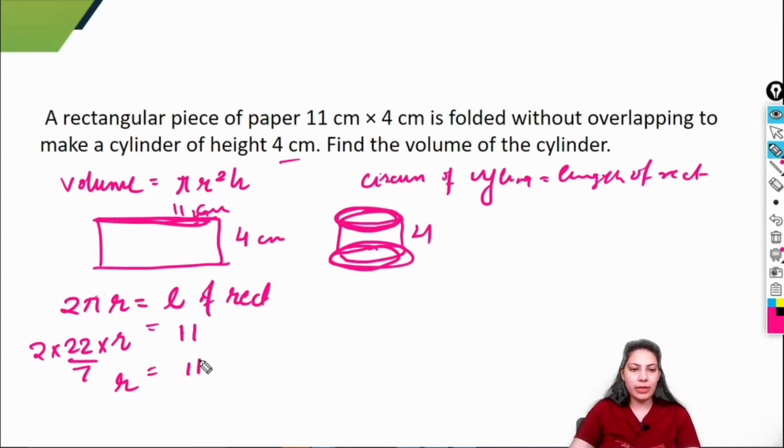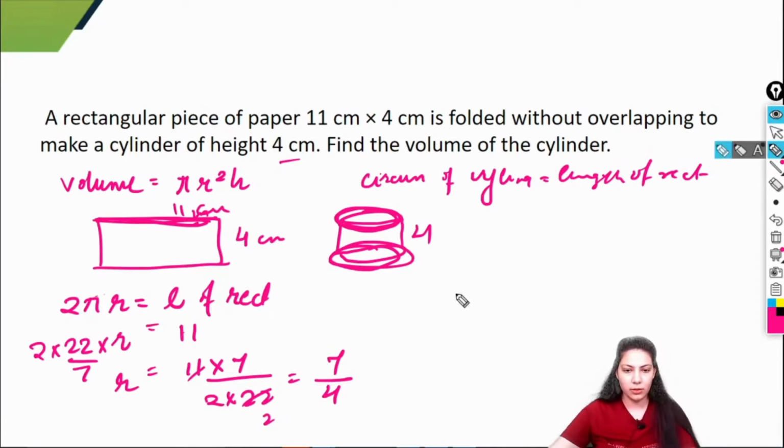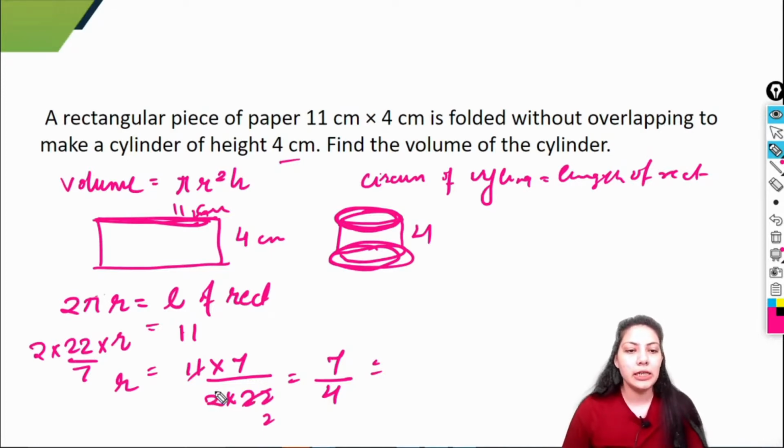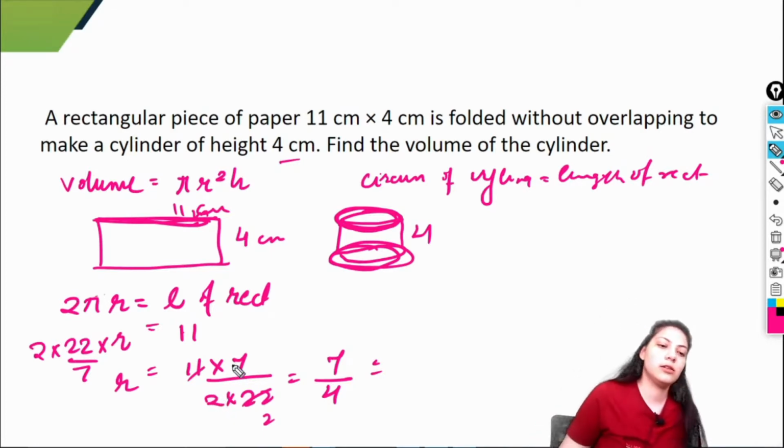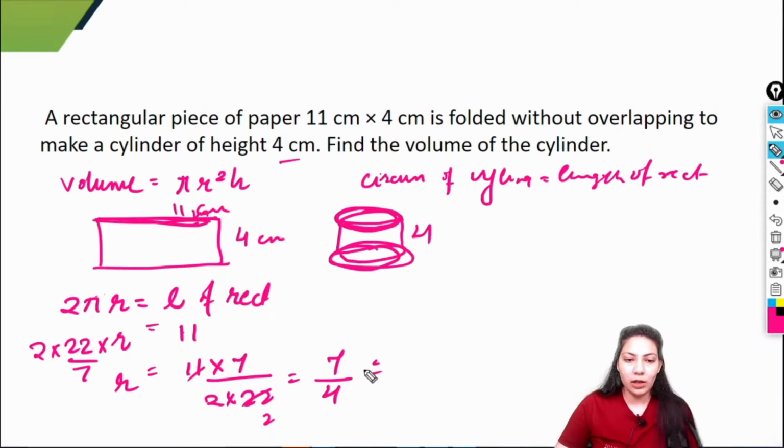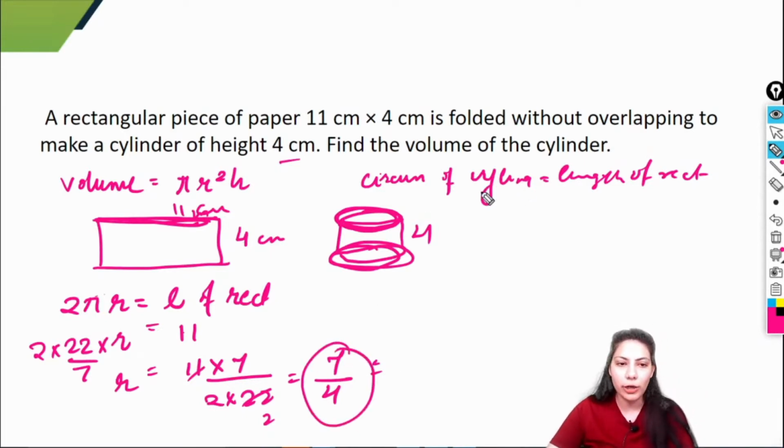So radius is 11 into 7 by 2 into 22, which is 7 by 4. Okay, so we have calculated the radius of our cylinder. Now we have to find the volume of the cylinder.